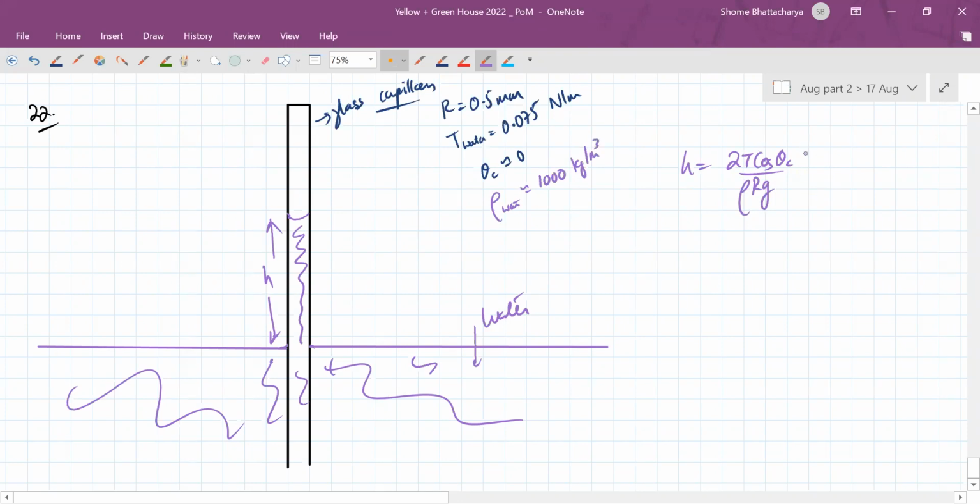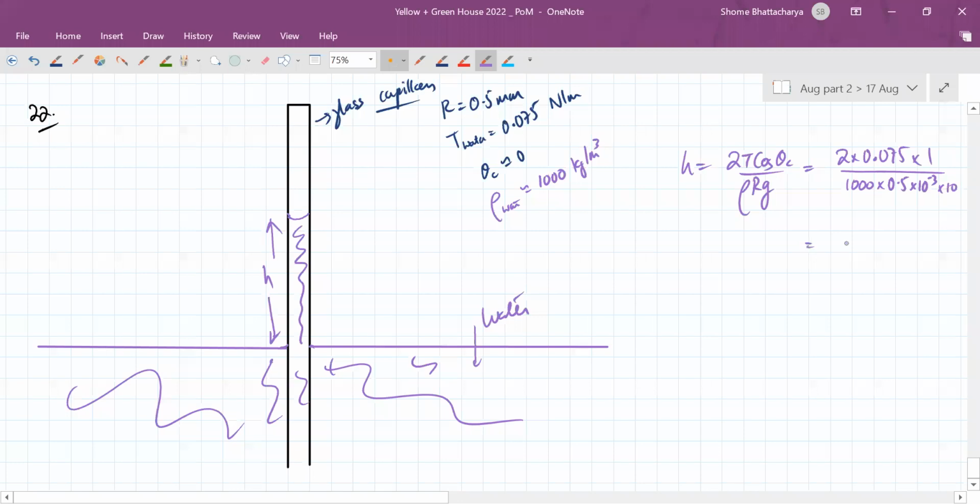Sea water is slightly more dense because of dissolved salts, but here we'll assume pure water. So 2 into 0.075 into cos 0, which is 1, divided by 1000 into 0.5 into 10 raised to minus 3, into G, which I'll take as 10.